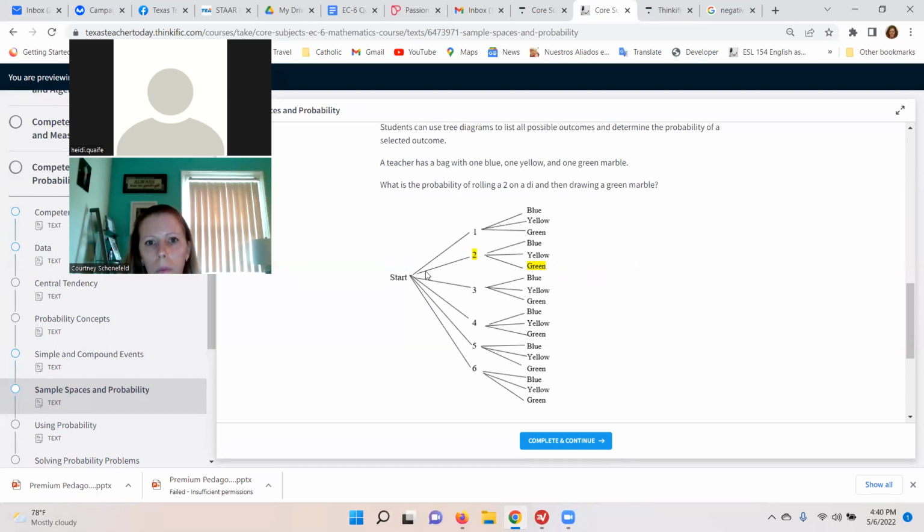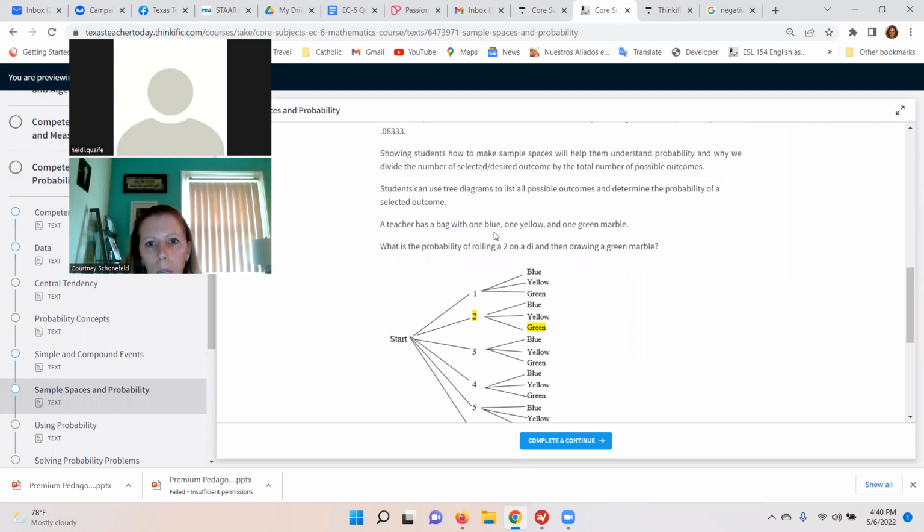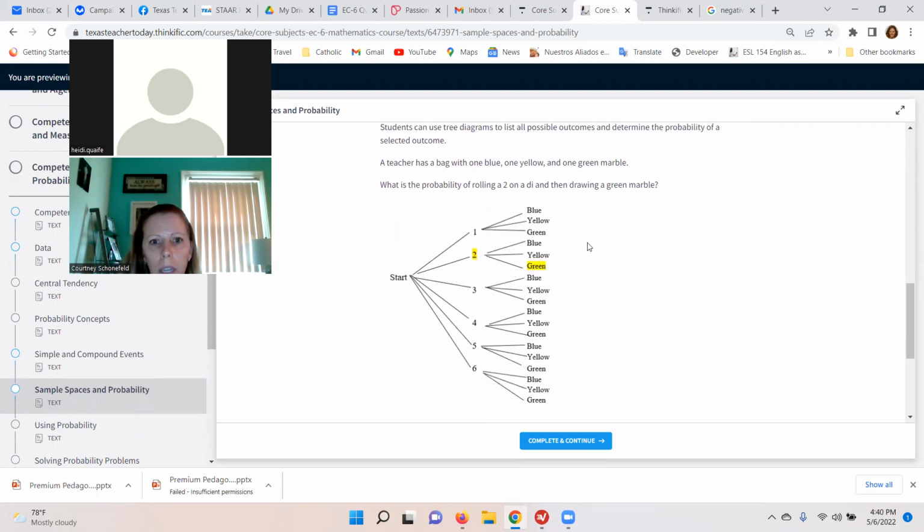Okay, so what's the probability of rolling a 2 on a die and drawing a green marble if there's a bag with a blue, a yellow, and a green marble? The probability of rolling a 2 on a die is represented right here, right? And each time you roll a die and then draw a marble, your sample space would be blue, yellow, green.